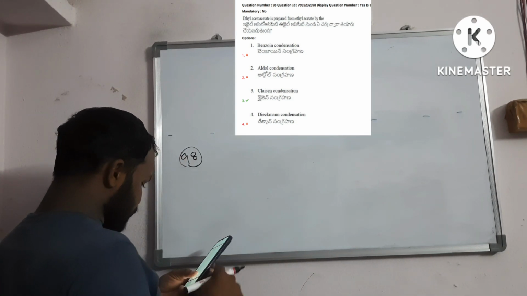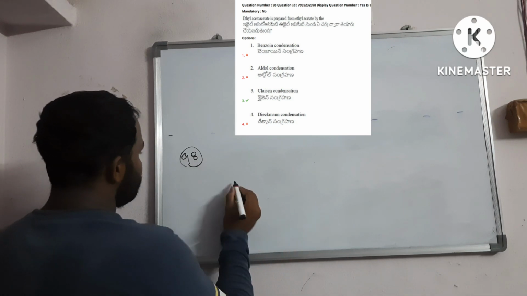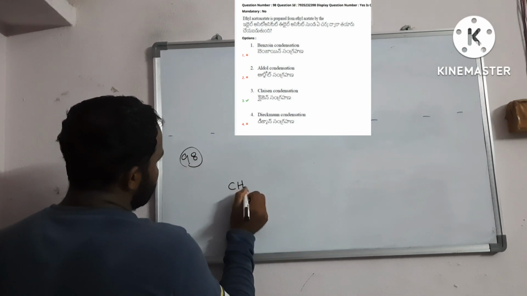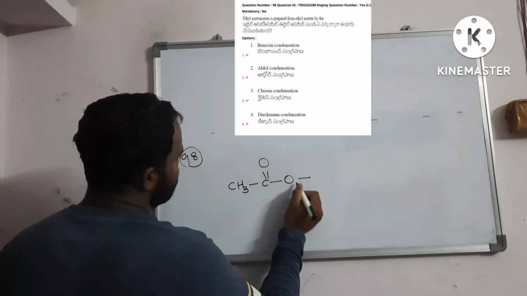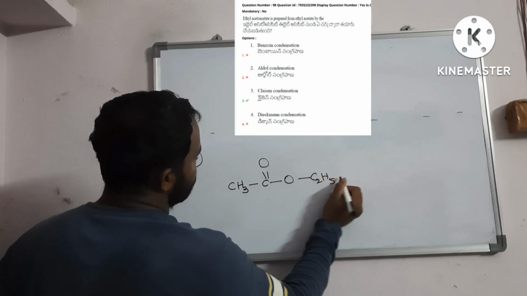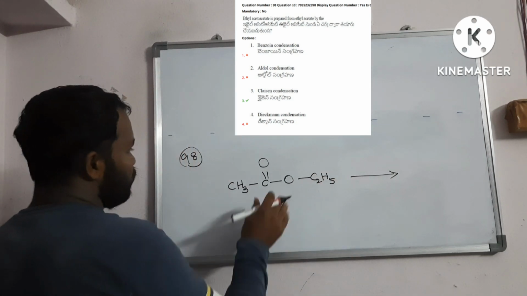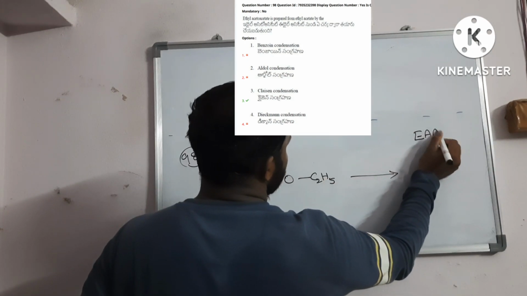Ethyl acetoacetate is prepared from ethyl acetate. Ethyl acetate is the acetate, C double bond O, then O minus, and ethyl is C2H5. From this we are preparing ethyl acetoacetate, EAA.